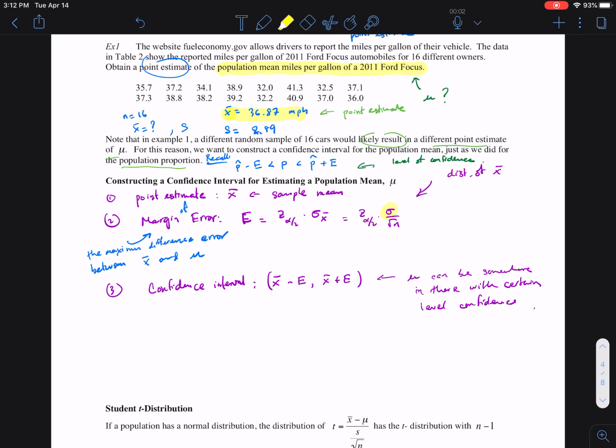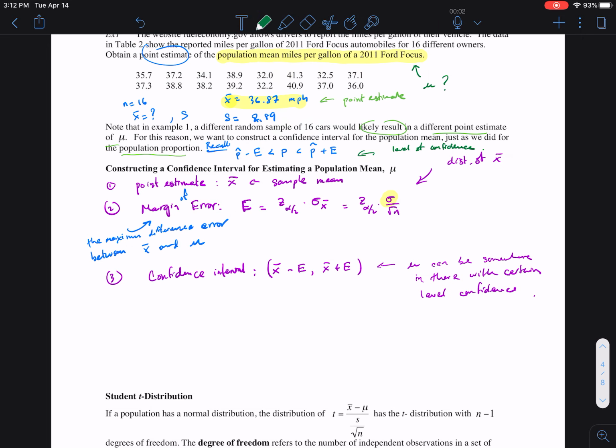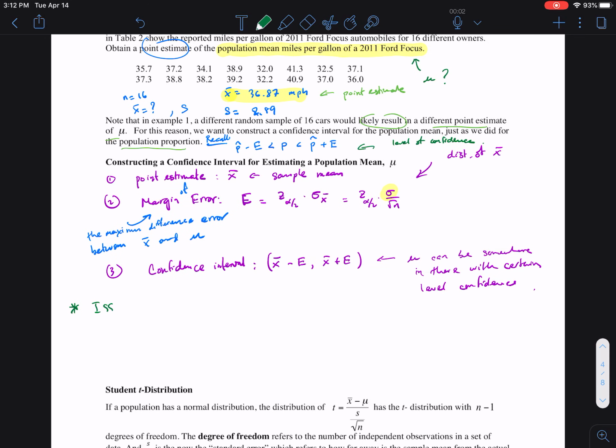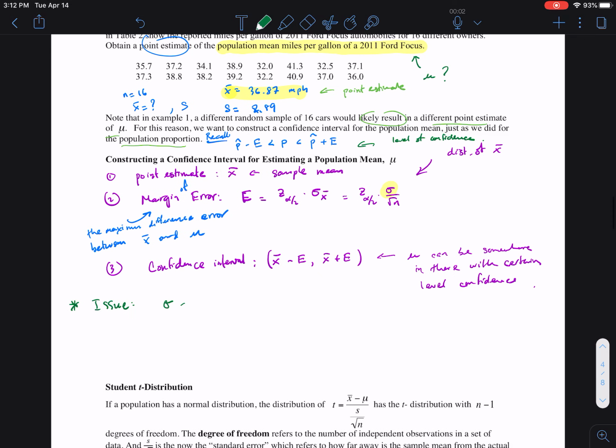If you recall, the formula for the population standard deviation is sigma equal to the square root of the sum of x minus mu squared over capital N, the population size. So in the formula for sigma, we are required to know what the population mean is to calculate sigma.